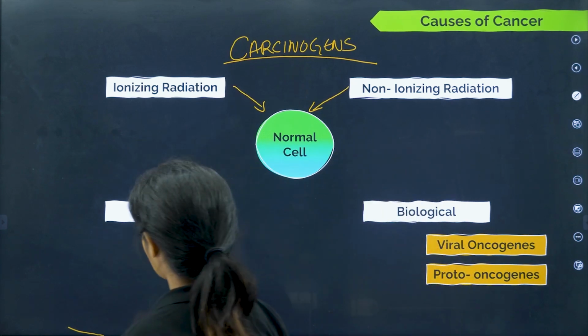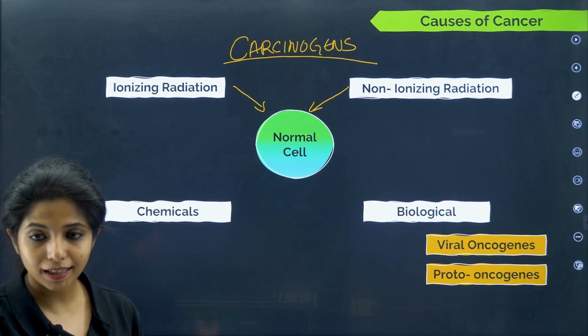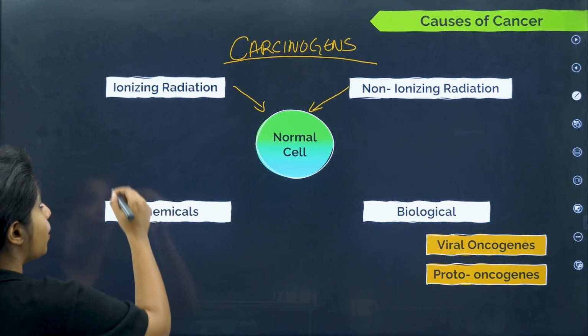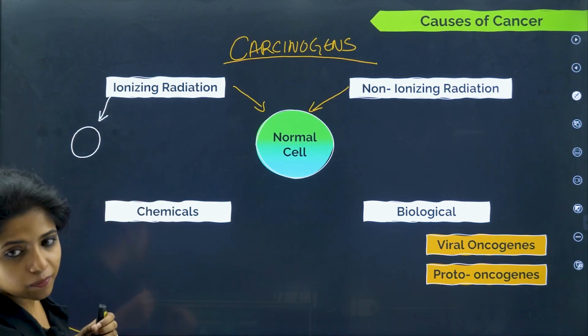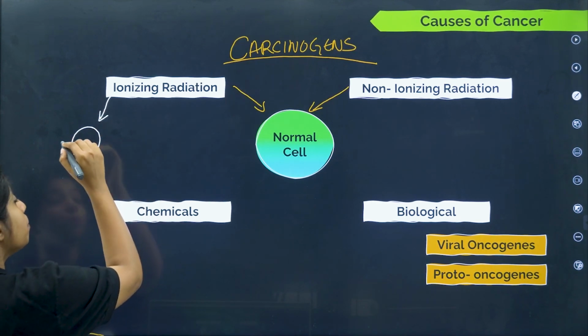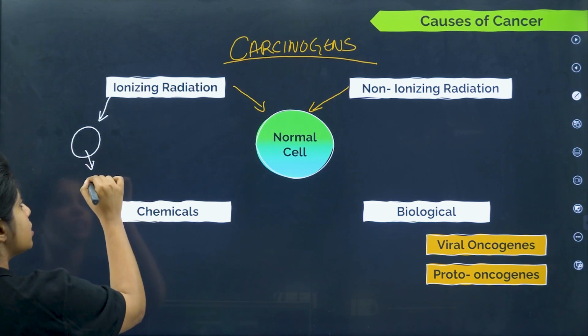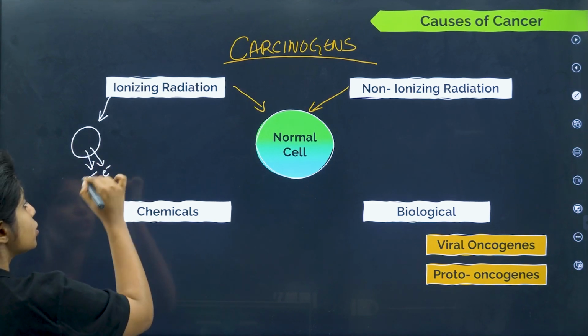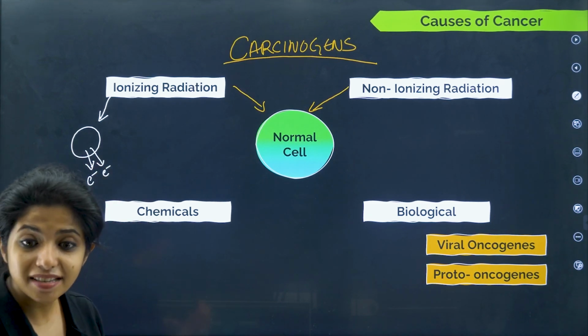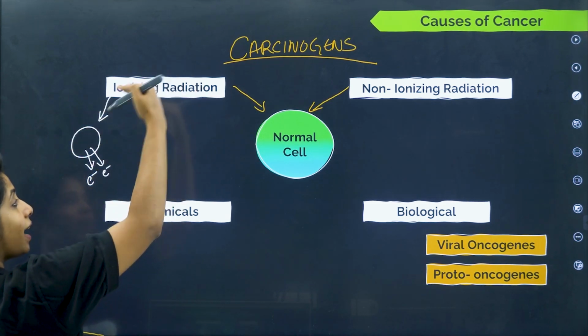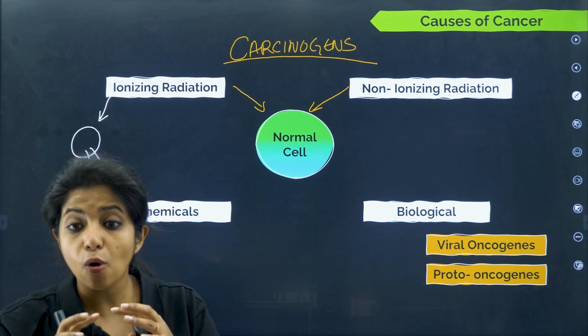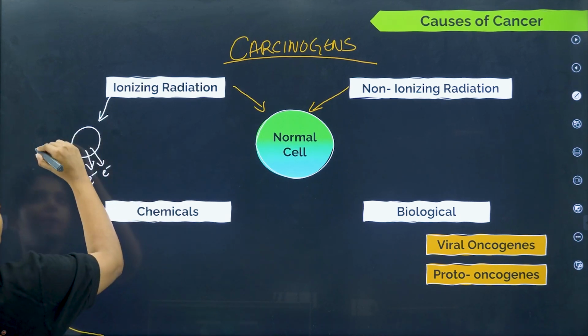Let's see that. So ionizing radiations are the ones basically who have the power, children, to attack the atom and break the bonds between them such that the electrons can be released. So ionizing radiations are the powerful ones which attack the atom and break the bond.